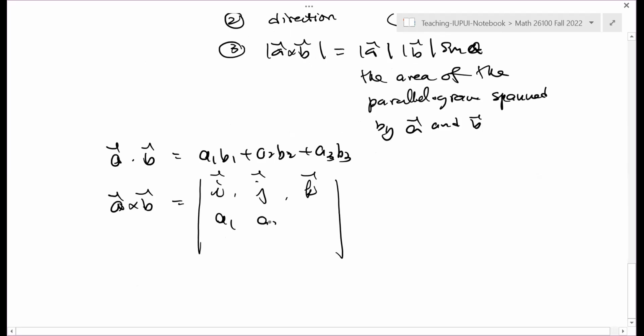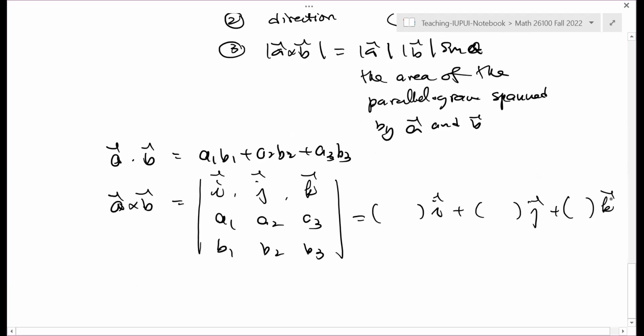It's the rows A1, A2, A3 and B1, B2, B3, and you should expand it. How do you find the determinant of a 3 by 3 matrix? Along the first column or any column, you can expand it. You get three terms.